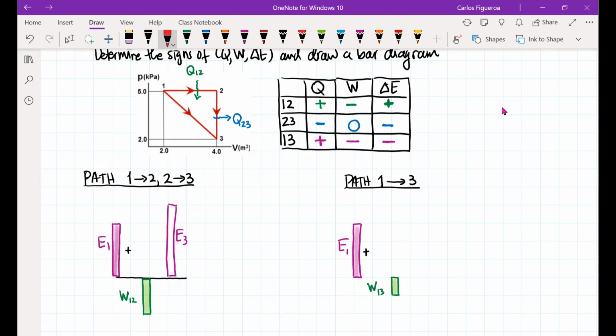So the first thing it's got to do is kill off the work. And then I have to add heat to make it increase here. This is the heat that has to counteract the work. And so this is the heat from 1 to 2.